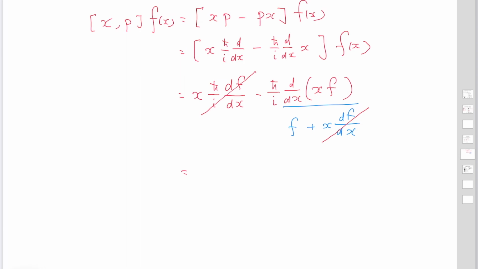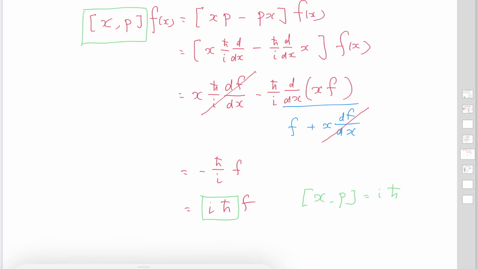So it becomes minus h bar over i f. You can write this as i h bar f. By comparing, except for the trial function, we discovered the commutator of x and p is i h bar. Okay, so we derived that the commutator of x and p is i h bar. Using this method, you can find commutators.